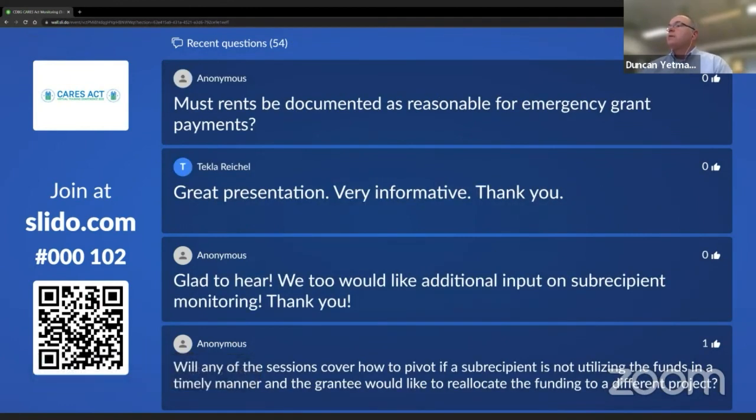Oh, here's a question. Okay, wait a minute. Must rents be documented as reasonable for emergency grant payments? Well, that's a good question. Wow. Okay, yeah, thank you. I think you would want to know that. You're making payments to a landlord.